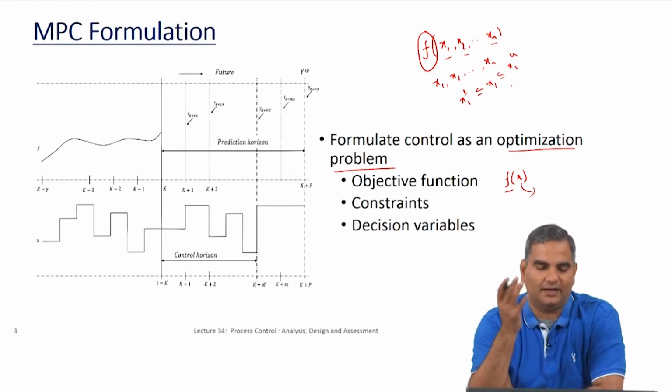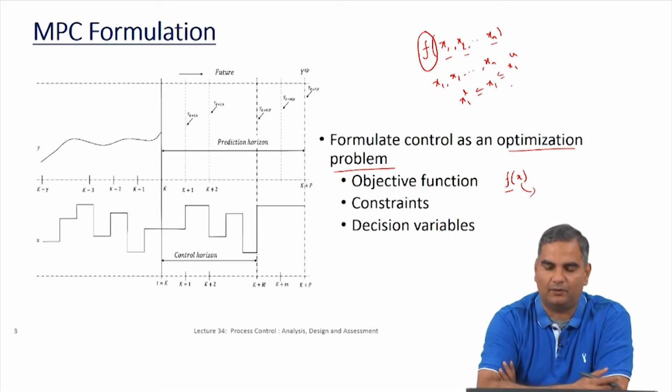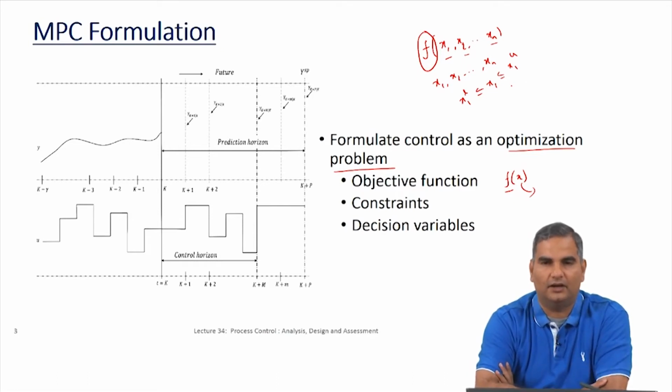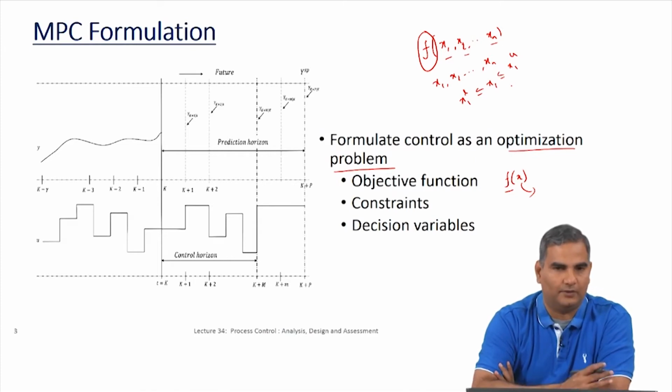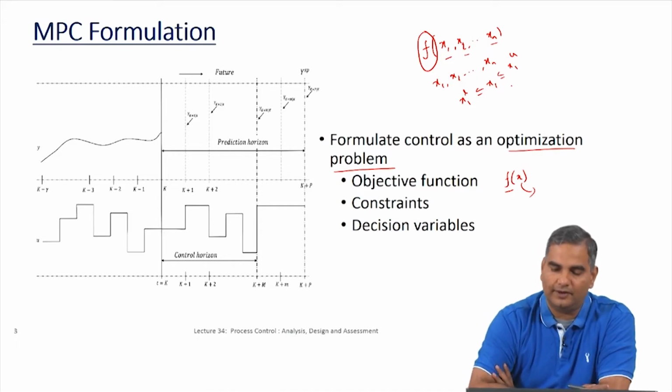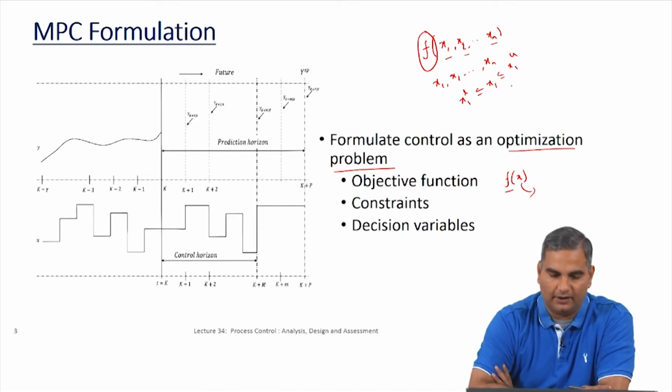Now, there are several types of optimization problems depending on what type of constraints, variables, and functions you have, and we are not going to talk about all of those here. We are going to keep it very simple, very focused towards the type of optimization problems that we need to solve for model predictive control related problems.